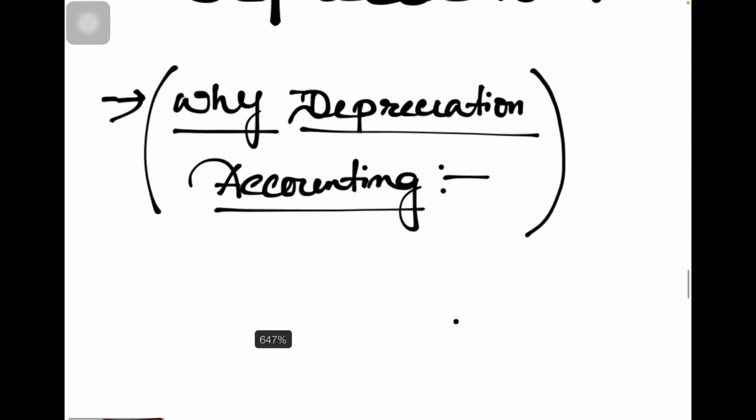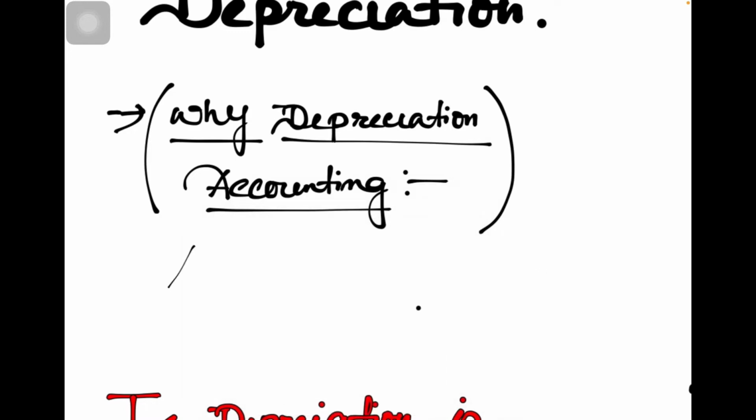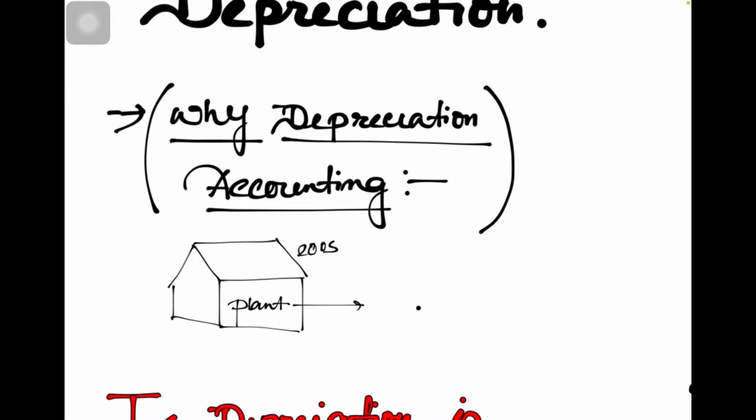Students, try to understand. Suppose I purchase a fixed asset. Maybe this is my plant. In the year 2005, in my plant, I purchased some machinery, and I use the machinery for the coming 10 years.